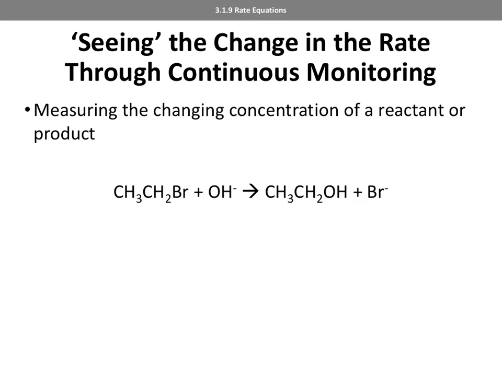In this particular example, we would quench it either by using an ice bath or by diluting it so that the reaction was in effect stopped. Then we could titrate using an acid to measure the number of moles of hydroxide ions in the sample, and use that to determine the concentration of hydroxide ions at the time the sample was quenched. That would be a way of continuously monitoring a reaction such as this one.